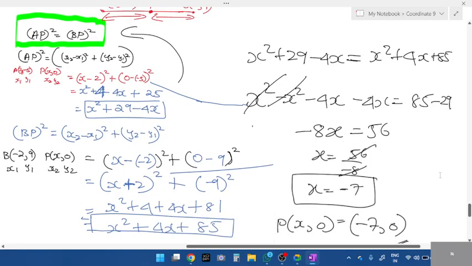Did ma'am complete this? Did ma'am do this question? Yes. What are your teachers doing? Which chapter? Okay, 9B, 9C.